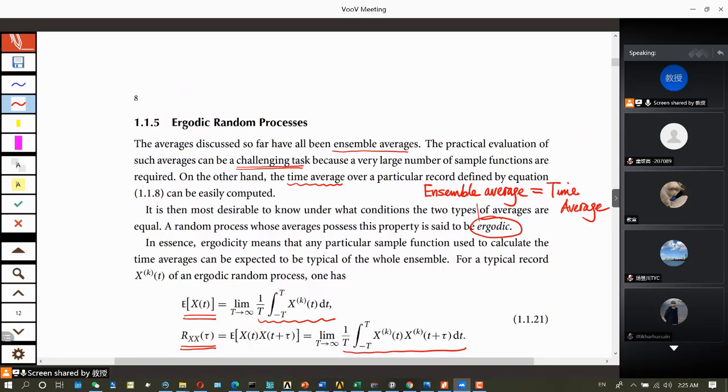So what does an ergodic process look like? It means any particular sample function would be expected to be typical of the whole sample.